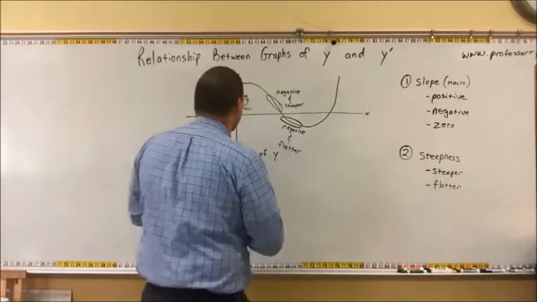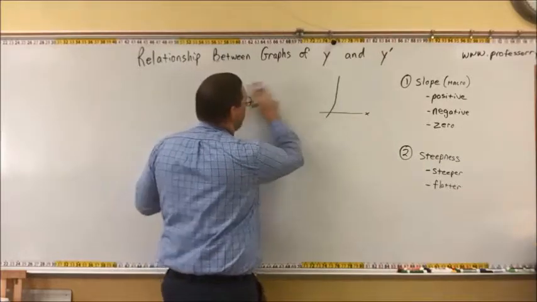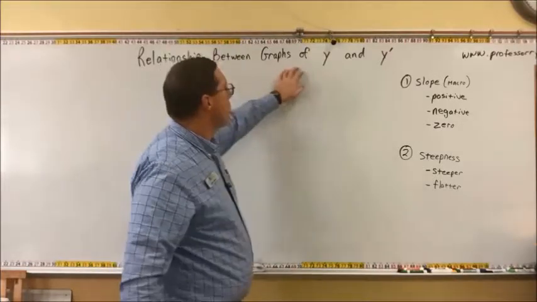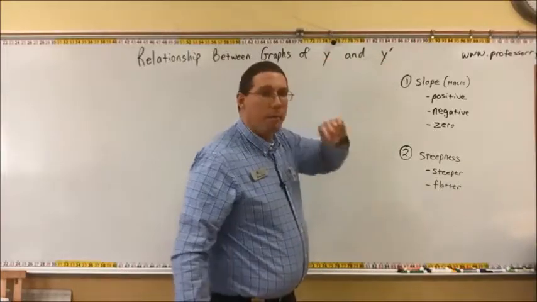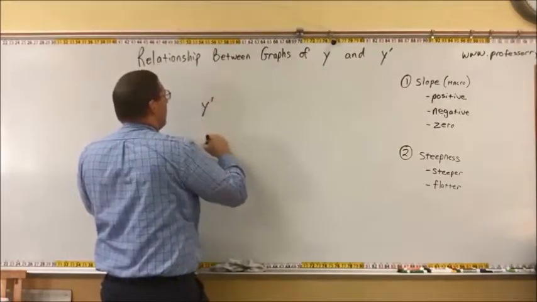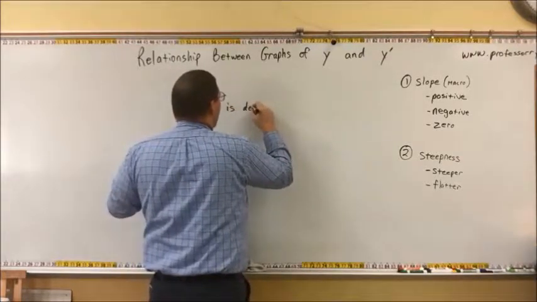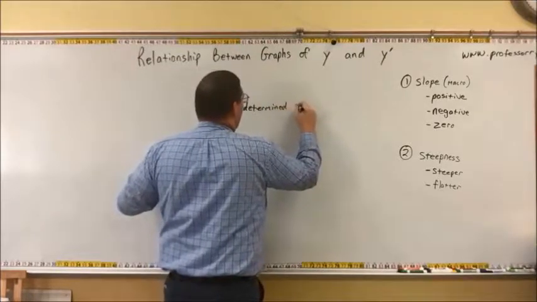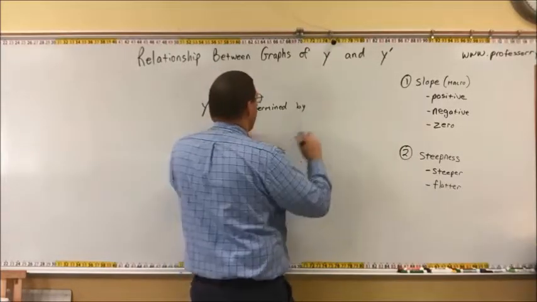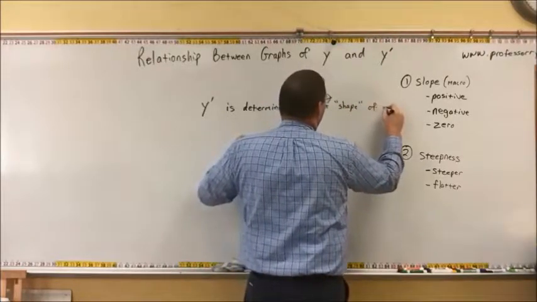And what I want to do is, I'm going to erase this. What I'm basically talking about here, and this is the way that I have communicated it for a long time to my students, is that when we talk about the relationship between the graphs of y and y prime, here's what I want you to understand: the derivative of a function, y prime, is determined by, or you can say it determines, because it goes both directions, the shape of the graph of y.